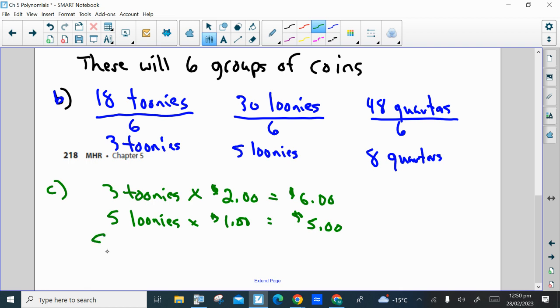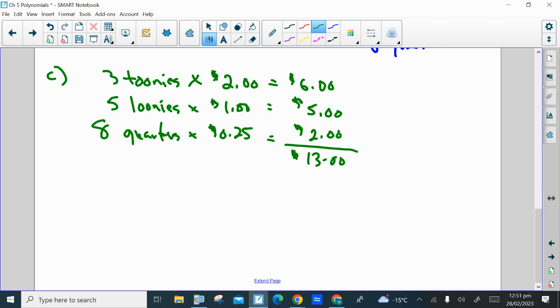And then finally we have 8 quarters times 25 cents per quarter would give us $2. So if we add those up, we'll get $13. $13 is the total value of each of those piles.